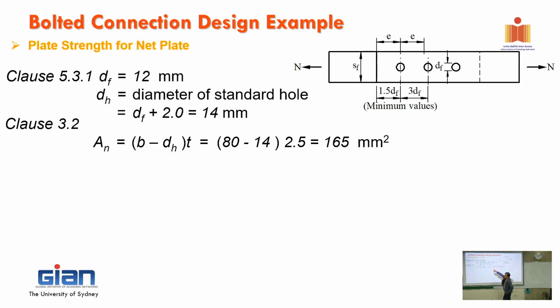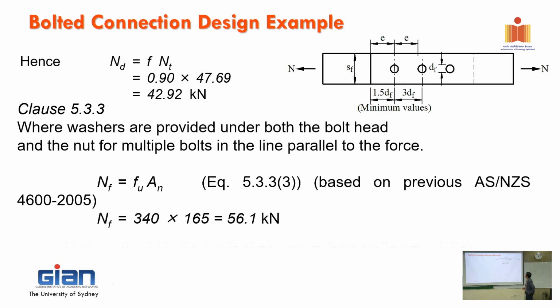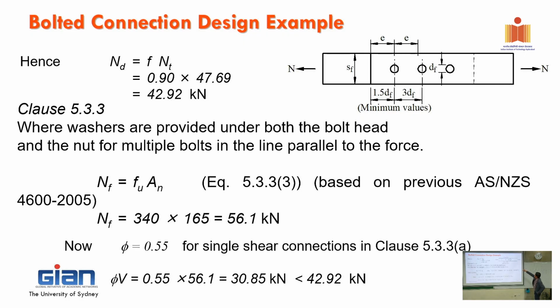The hole is a little bit bigger, dh. We should fix that, it looks like a bolt, not a hole. Yes, df is the bolt diameter. It's smaller than dh. dh is the hole diameter.